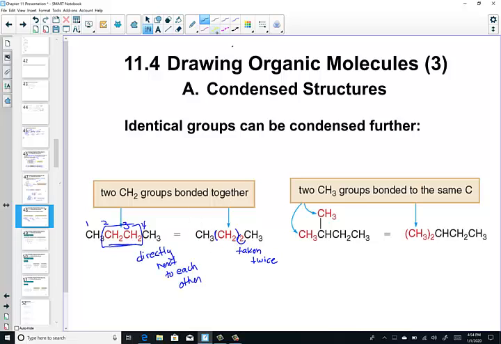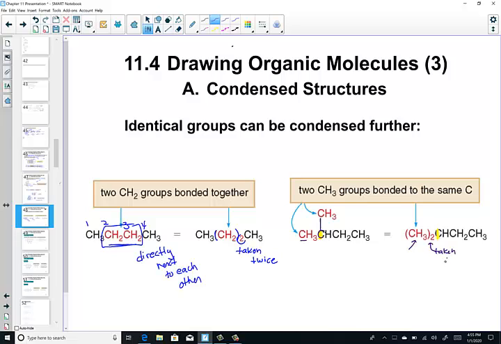In this compound, I'll color code this carbon yellow so we can see it's color coded yellow over here as well. That carbon has two identical groups attached to it. In one direction it has a methyl group, CH3, and in the other direction it has the same exact group. So I can place that group and read it as CH3 taken twice.